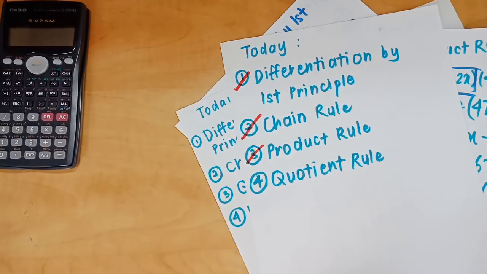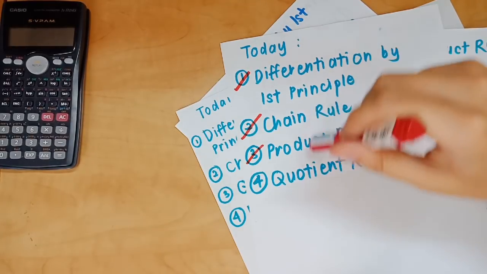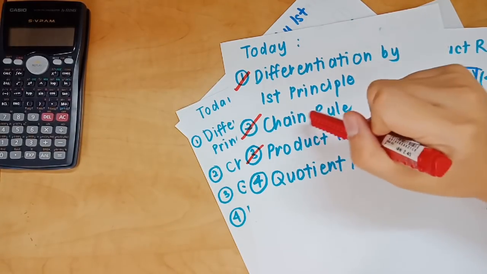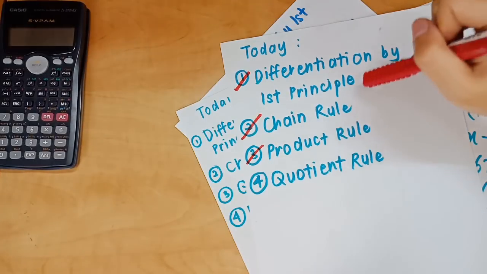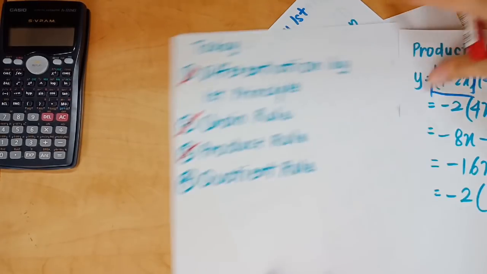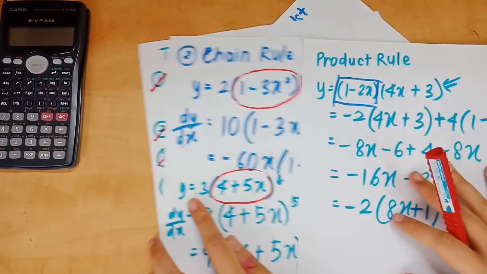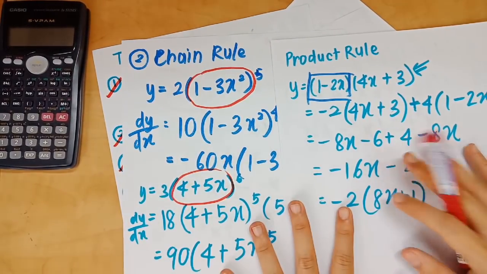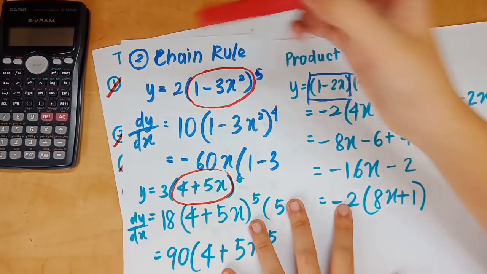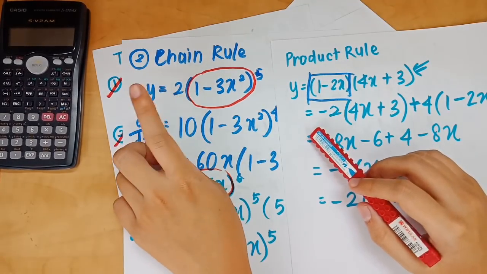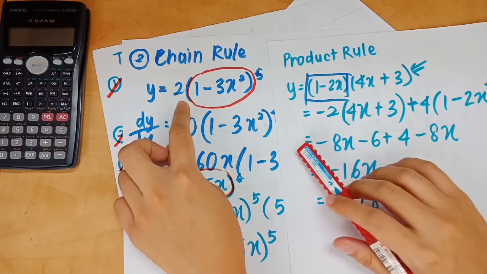Sometimes it's easy to get confused between the chain rule and the product rule because they are quite similar in some ways. So I'll tell you how to differentiate these two. So I'll put these two side by side so you can see the difference. When it's chain rule, you don't have unknowns here, you only have a number, okay?